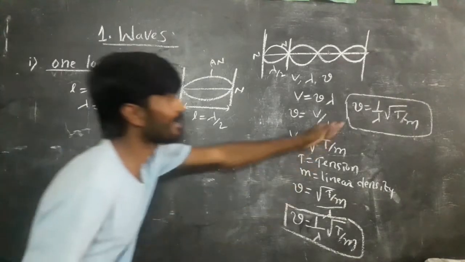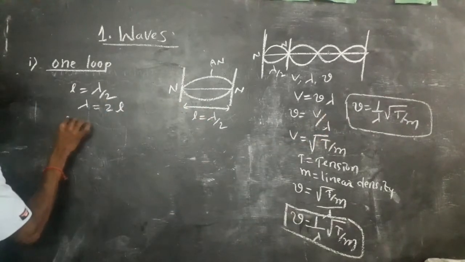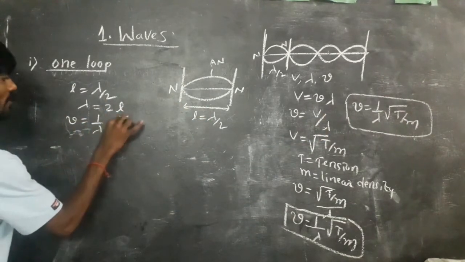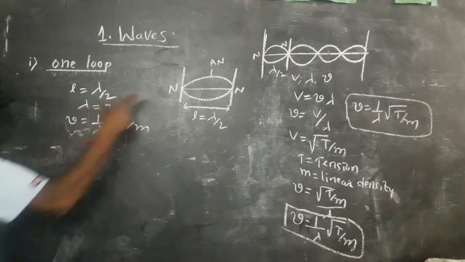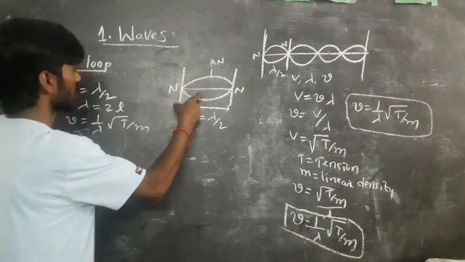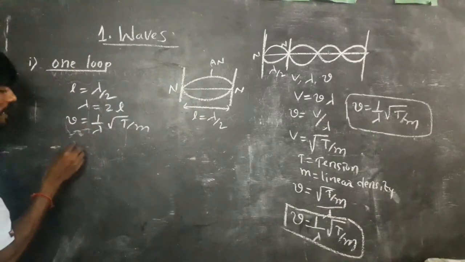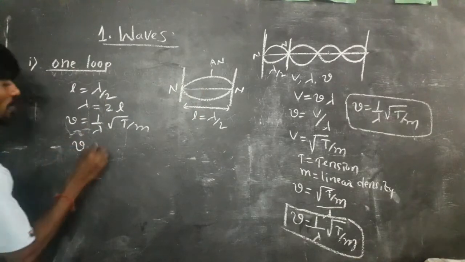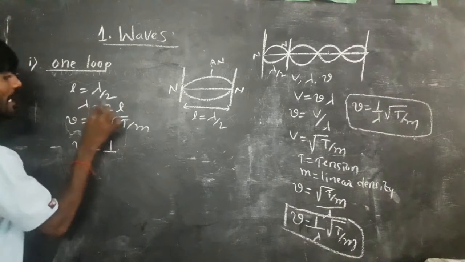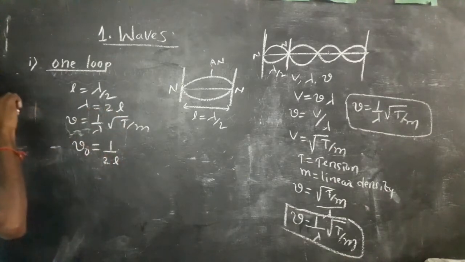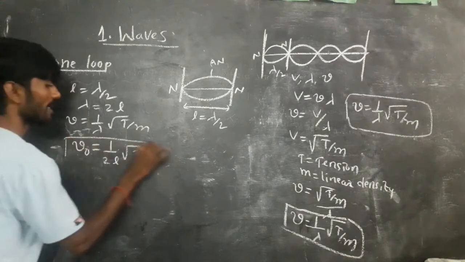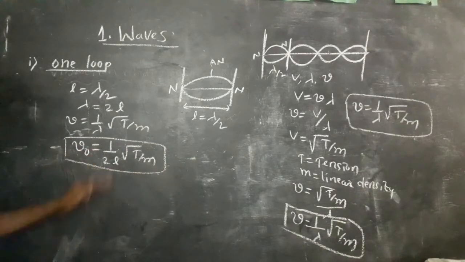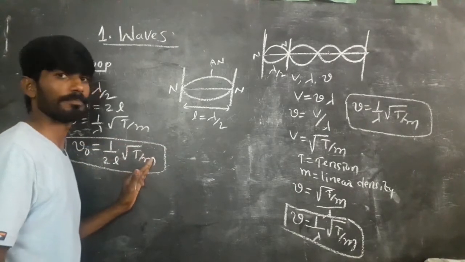From the general equation, mu is equal to 1 by lambda into under root T by m, so the lambda value is there. This is only one loop, the first loop, so I take this frequency as mu naught. Mu naught is equal to 1 by lambda, meaning 2L, into under root T by m. So mu naught is equal to 1 by 2L into under root T by m.